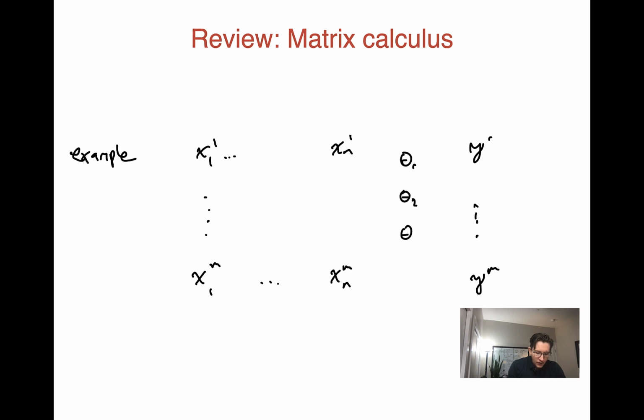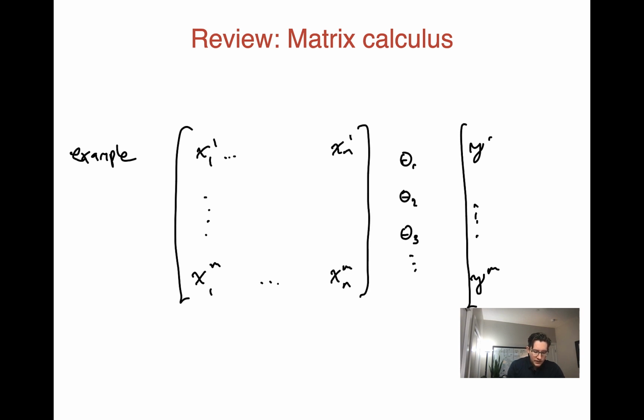And by the way, we also have parameters of our model, theta 1, theta 2, theta 3, and so on. Okay, so we have all of these data values. We can consider this like a matrix. We can consider our labels like a vector and our parameters like a vector.